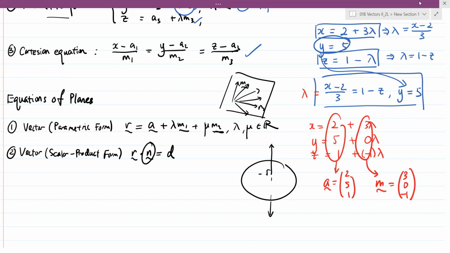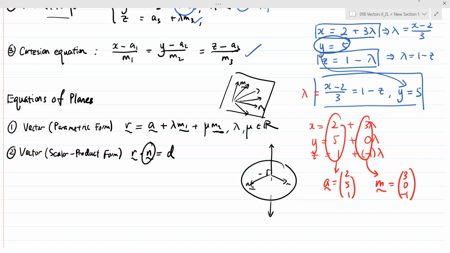Yes, perpendicular vectors, right? So if you had your M1, M2, there is enough information for you to produce the N. So now I'm implicitly also talking about conversion, how to convert from this form to this form. Okay, so you just take M1 cross M2.